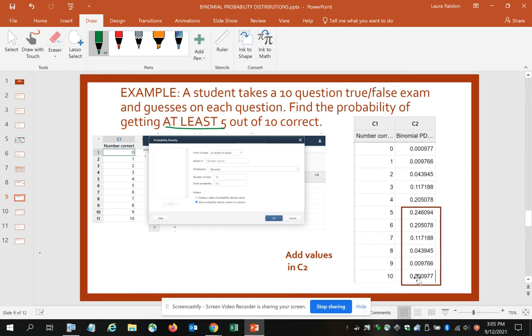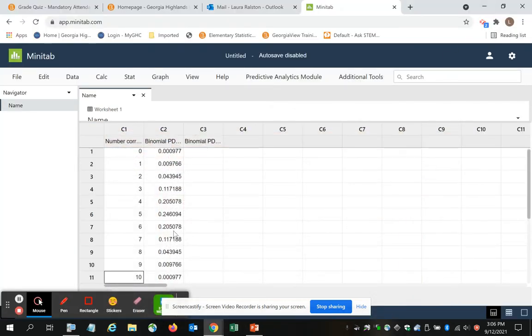You can do that on your handheld calculator, but you just have to be extra careful about typing them in. The other thing you can do, which might be a little bit easier, is to highlight the ones I want in Minitab, 5, 6, 7, 8, 9, and 10, and tell it to calculate the column statistics and sum.